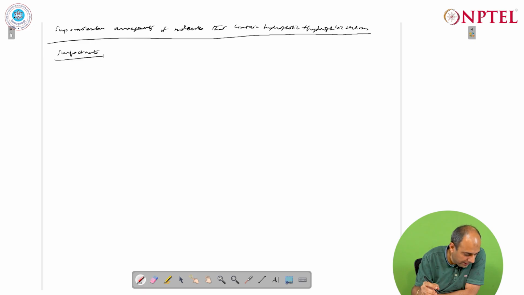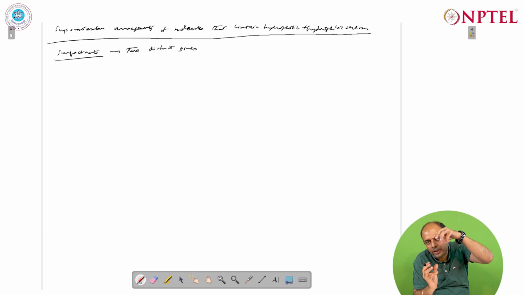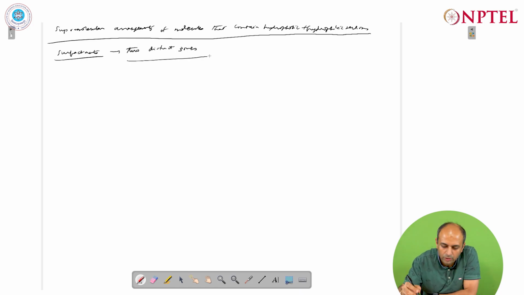And in case of surfactants, it is a molecule that has got two distinct zones. That is, it has got a polar head which can be negatively charged or positively charged, or it can be having both negative and positive charges, that is zwitterionic, and it has got a non-polar hydrophobic tail which is also a part of the surfactant. So, there are two distinct zones and they both exhibit different solubilities.